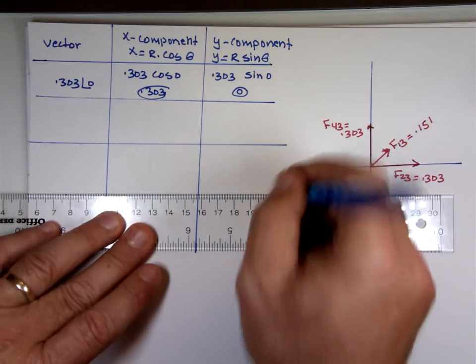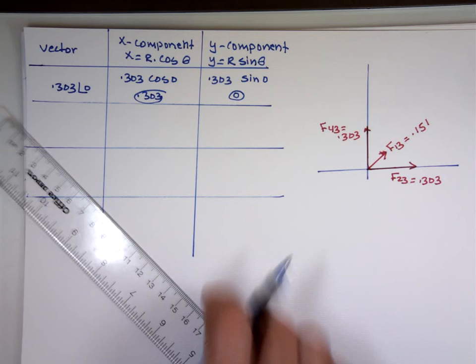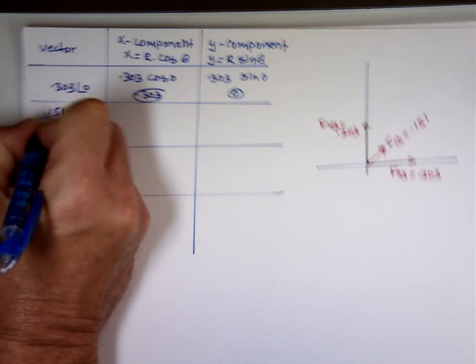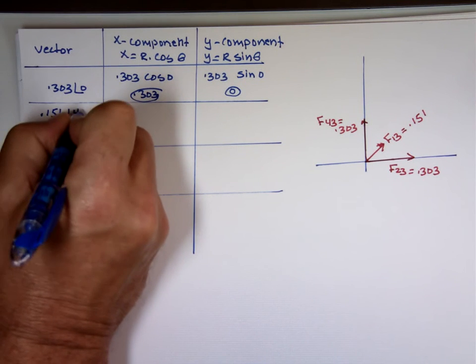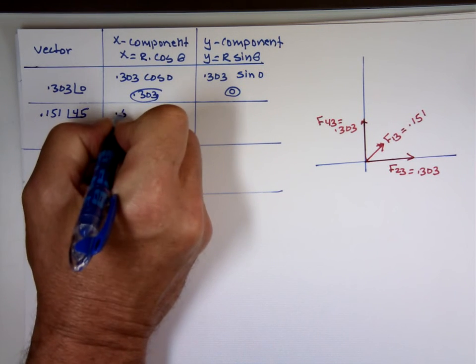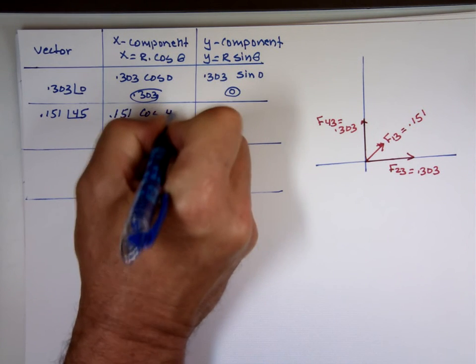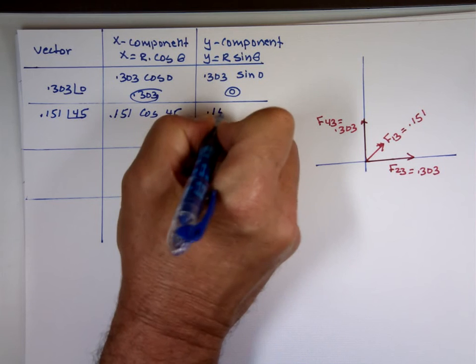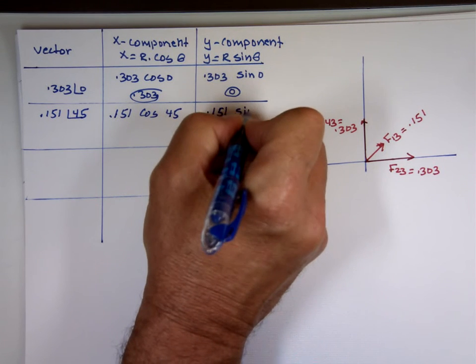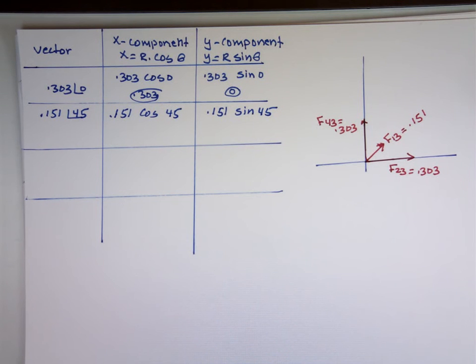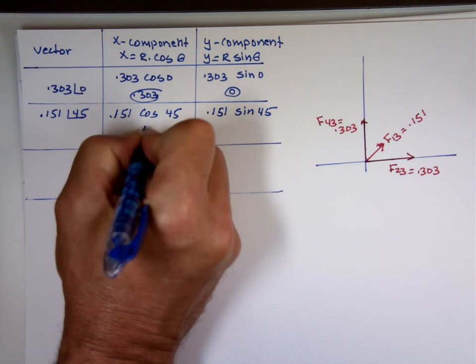The second one, 0.151 angle 45. 0.151 cosine 45, 0.151 sine of 45. That's 0.107.